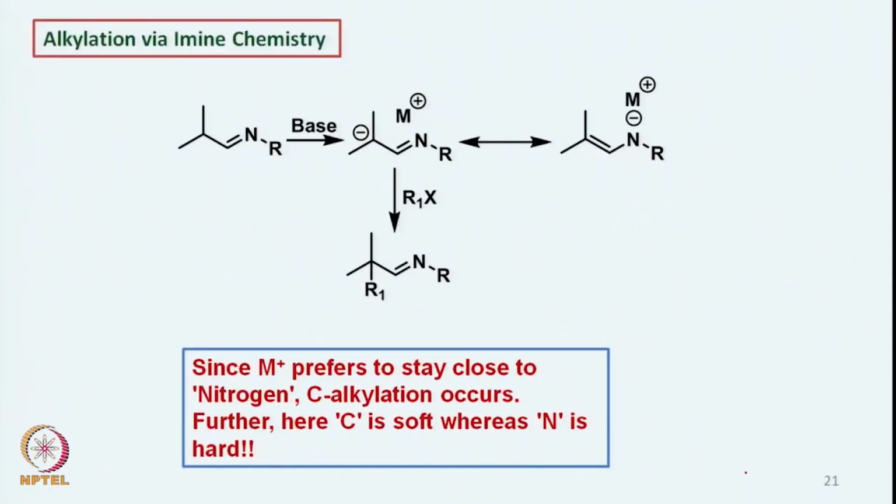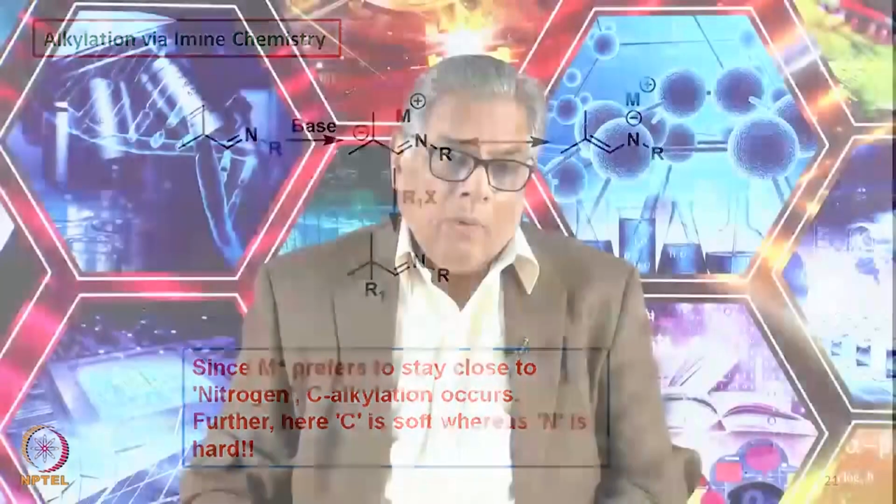Now there is another way of using imine chemistry for CC bond formation. So far, what we discussed was that we start with enolate based chemistry, and then we can attach an electron withdrawing group alpha to that, so that CC bond formation can be done.